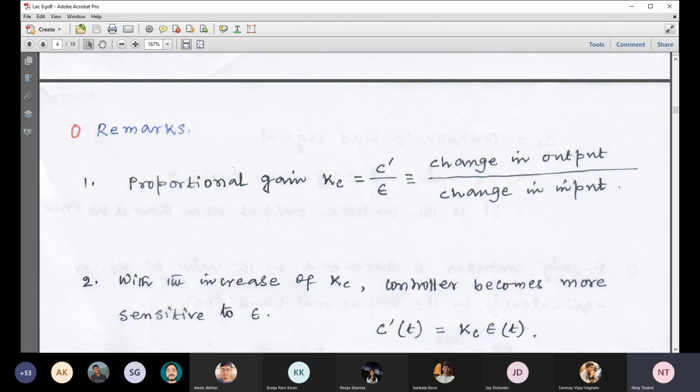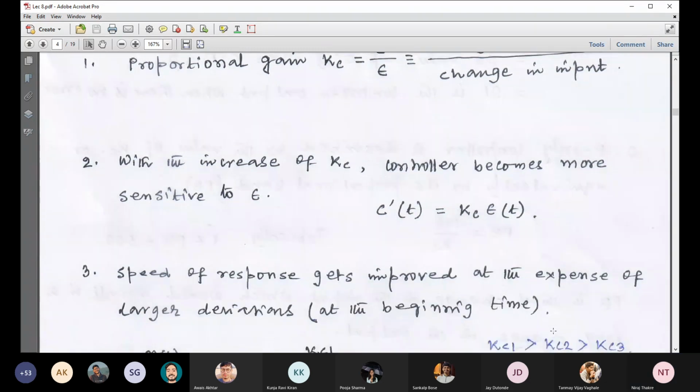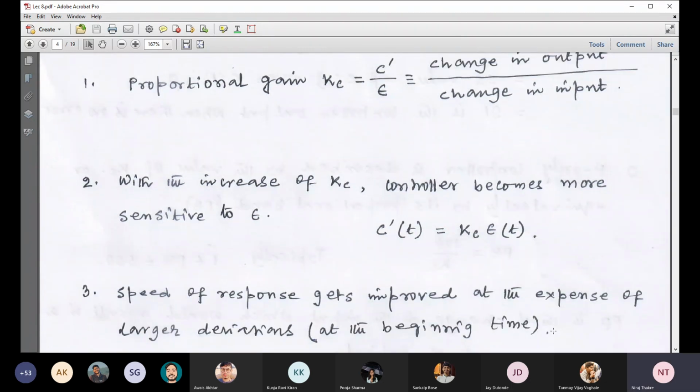Your understanding here, this is the error signal which is representing the deviation between YSP and Y. So if you take a large value, it is more sensitive to error signal. I think there is no difficulty to understand this point.